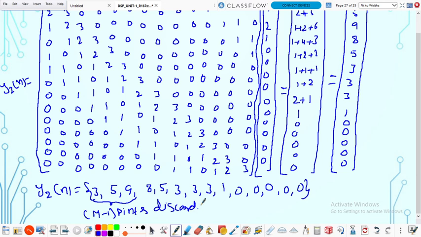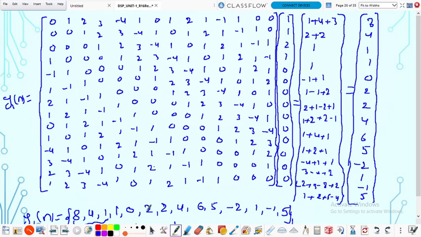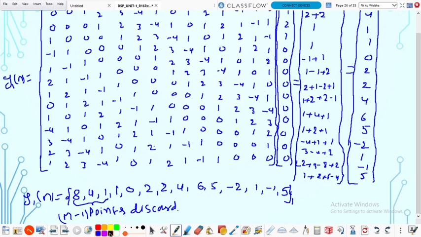And the remaining samples in y1 of n and y2 of n form the final output sequence. So the final output sequence y of n is equal to the remaining samples of y1 of n and y2 of n. So what are the remaining samples?